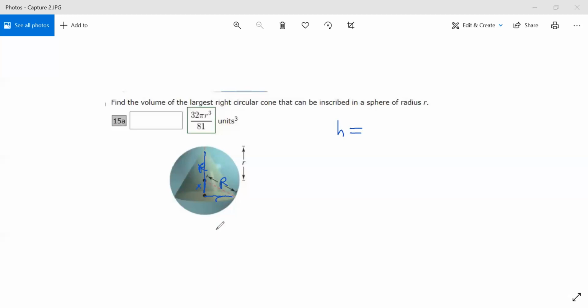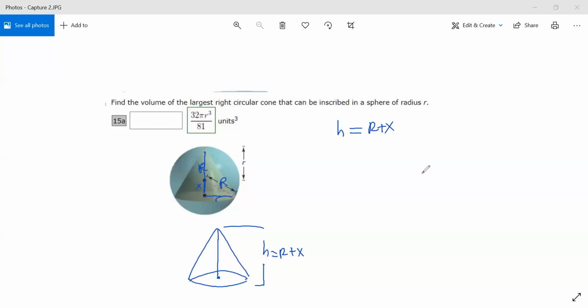The cone is like this, and this is the height of the cone, which is this distance here. Part of it is x and part of it is r. So this is r plus x. So h equals r plus x.